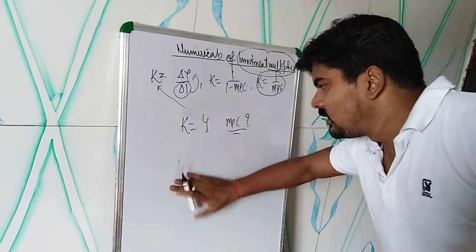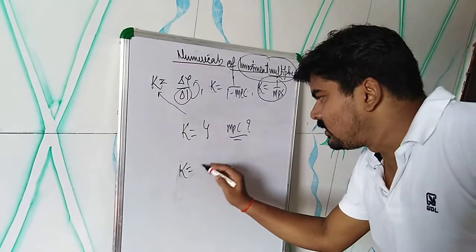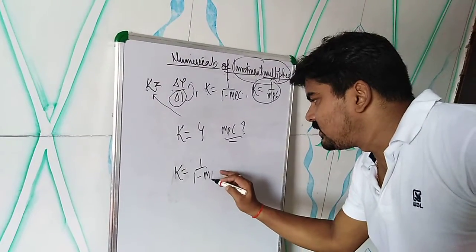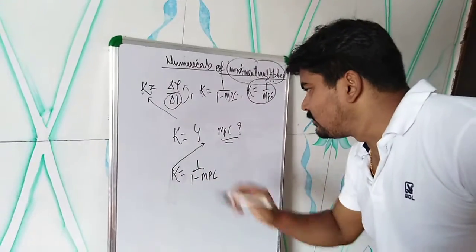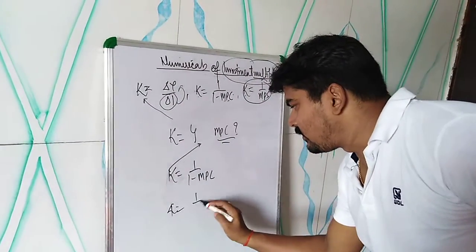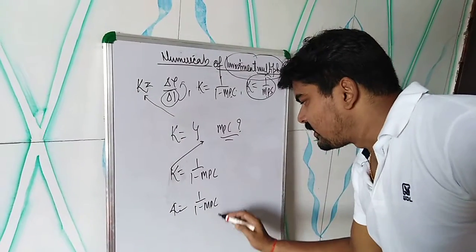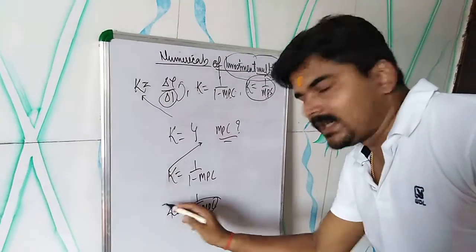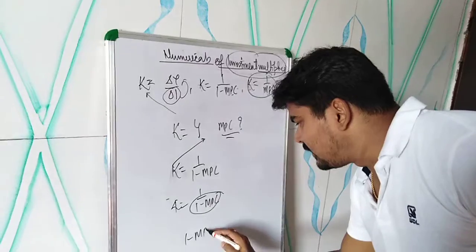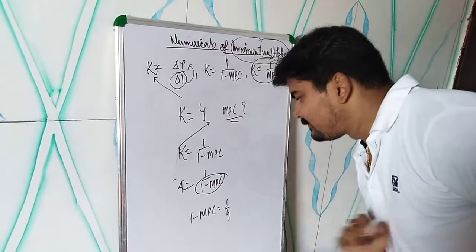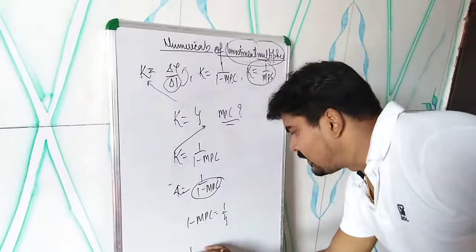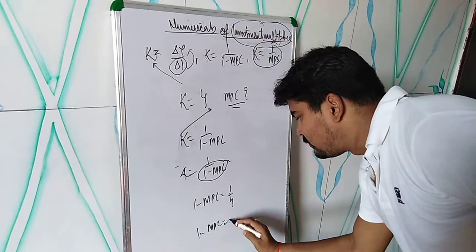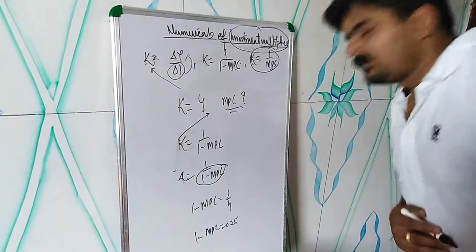The formula is K is equal to 1 upon 1 minus MPC. In place of K, we use 4. So 4 is equal to 1 upon 1 minus MPC. This whole value will go to the other side, so 1 minus MPC is equal to 1 upon 4. If we simplify, we get 1 minus MPC is equal to 0.25.